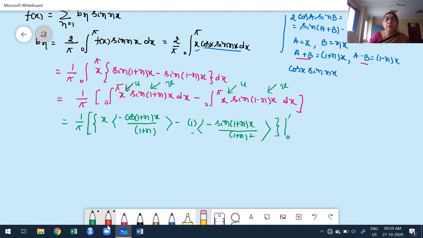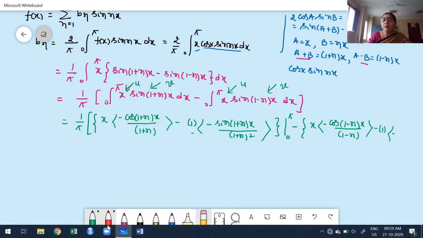Now 0 to pi. And then minus, again I go for the UV rule. While taking the UV rule, x into, what is the integration of sine? Minus cos of (1 minus n) into x divided by the coefficient of x, which is 1 minus n, and then minus the differentiation of x, which is 1.